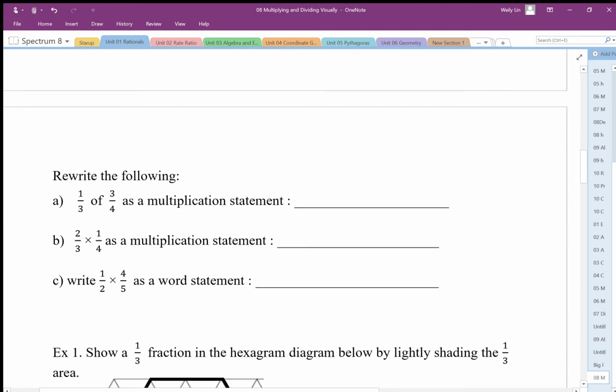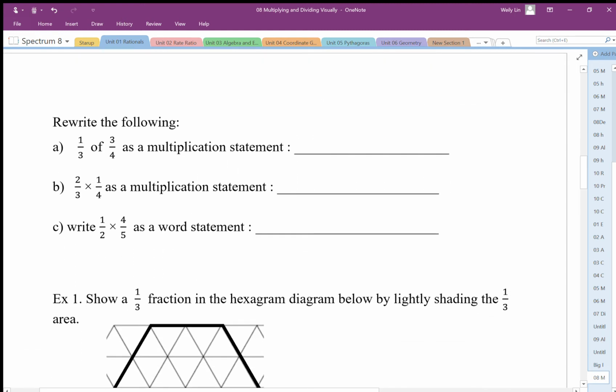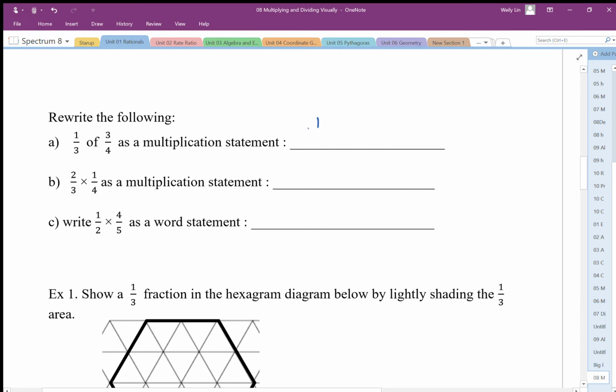Okay, so let's rewrite some of these statements. 1/3 of 3/4 can be written as 1/3 times 3/4. And 2/3 of 1/4 as a multiplication statement should be 2/3 times 1/4.